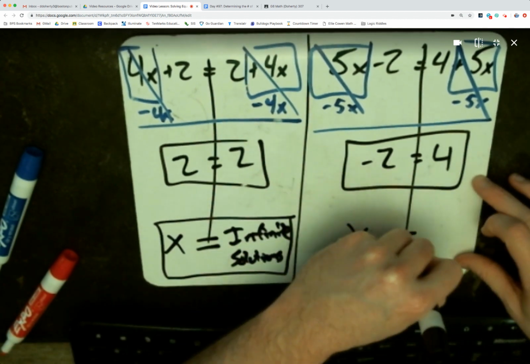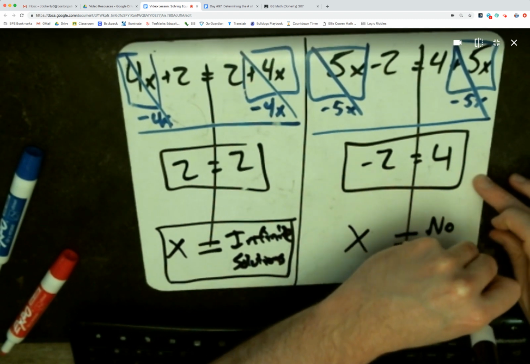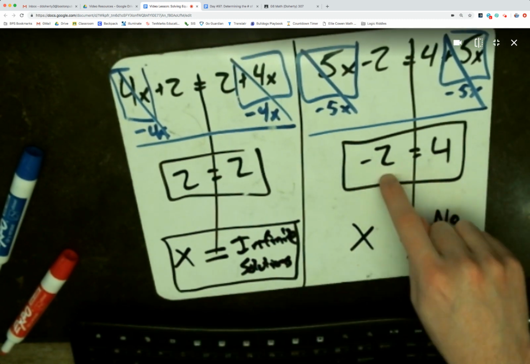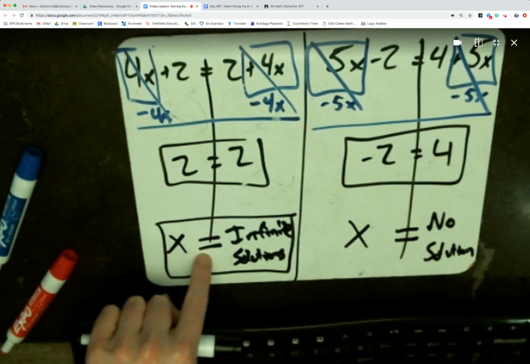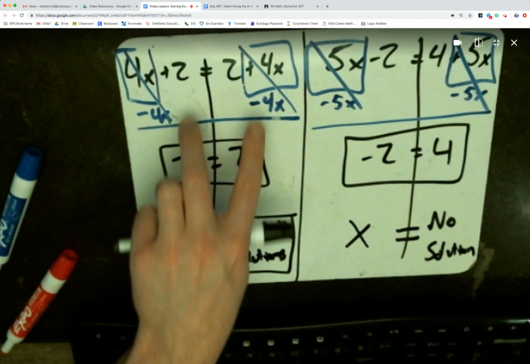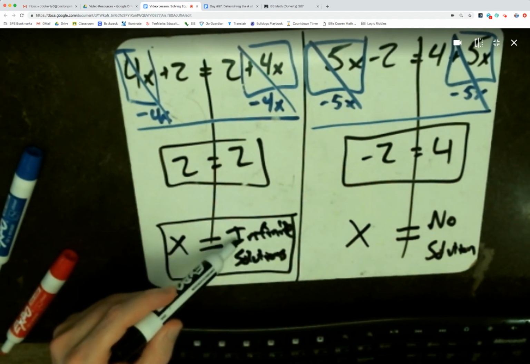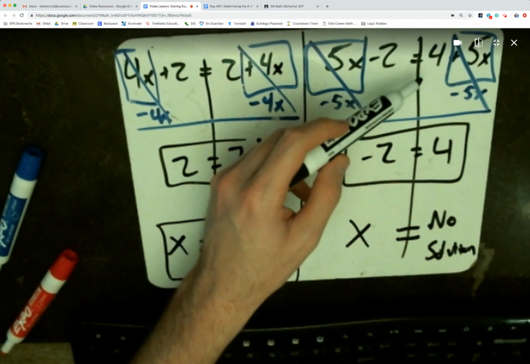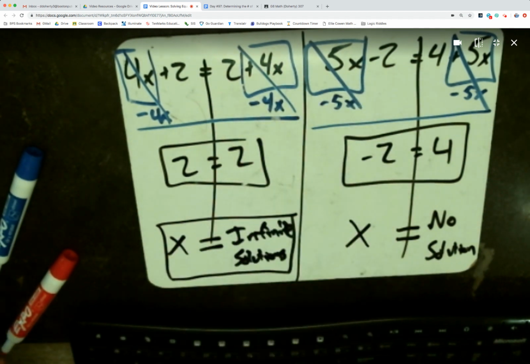It doesn't matter what I pick for x. There is no solution in the world that could potentially make -2 equal to +4. Here, no matter what I picked for x, +2 will always equal +2. This equation will always boil down to a true statement no matter what you pick. That's why it has infinite solutions. This equation will never boil down to a true statement, which is why it has no solutions.